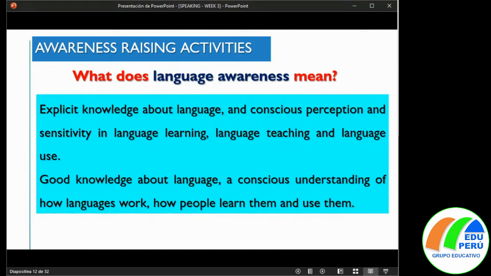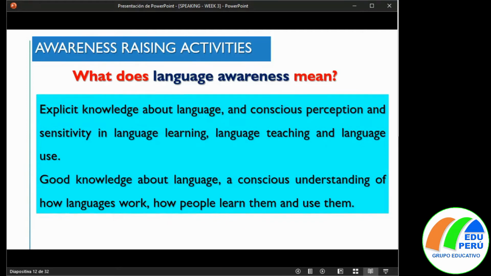This is the language awareness, remember? So the knowledge, the conscious understanding of the language. It refers to how the language works, how people use the language or learn the language. This is called language awareness.